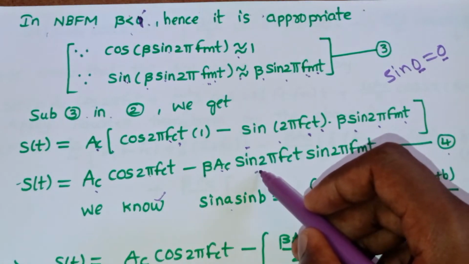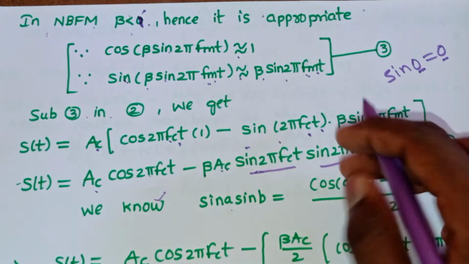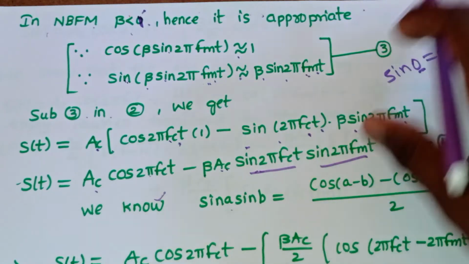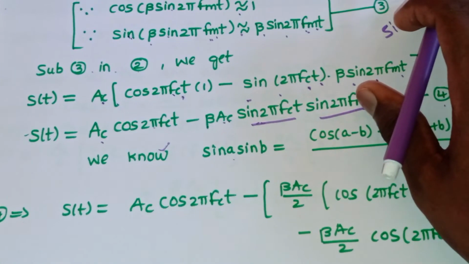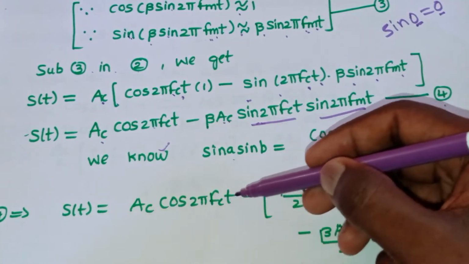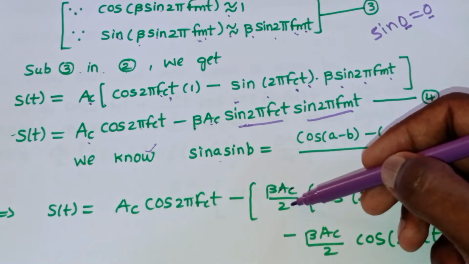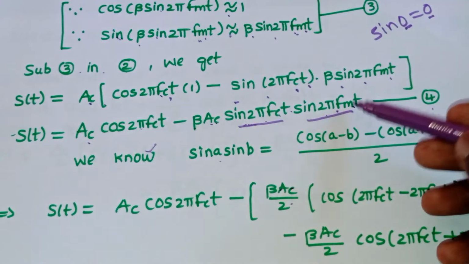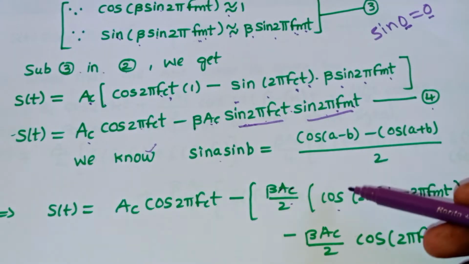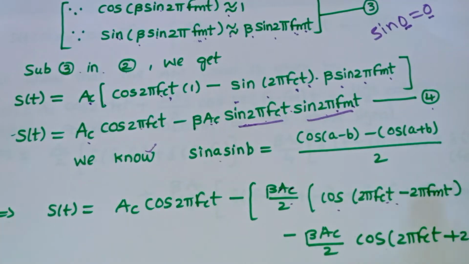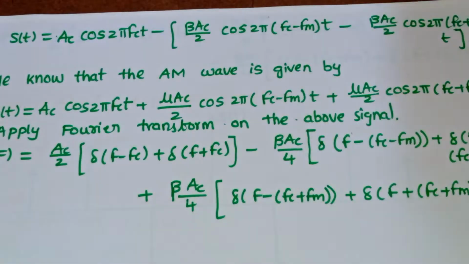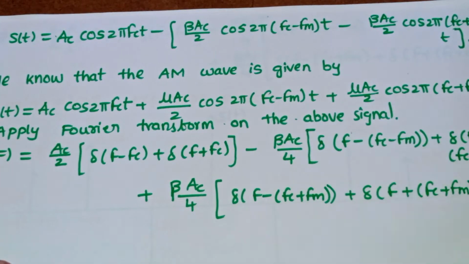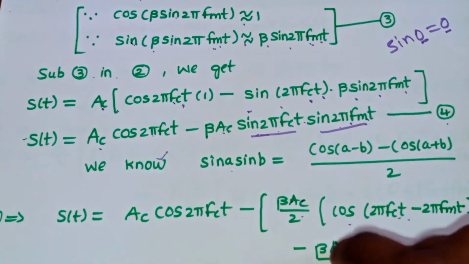Now we can apply this formula, where A is 2 pi fc t and B is 2 pi fm t. Then S of t is equal to Ac cos 2 pi fc t minus beta Ac by 2 cos of 2 pi fc t minus 2 pi fm t, minus beta Ac by 2 cos of 2 pi fc t plus 2 pi fm t.